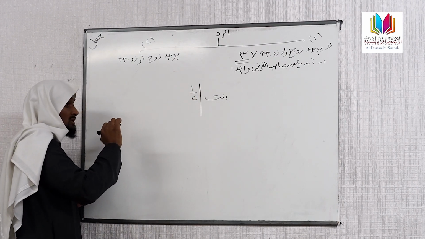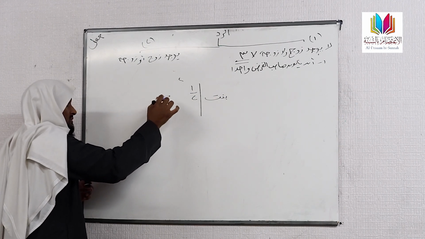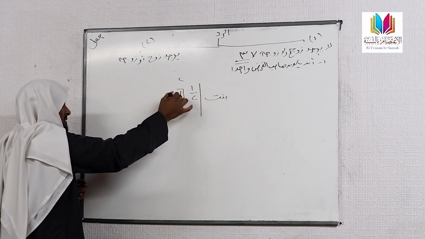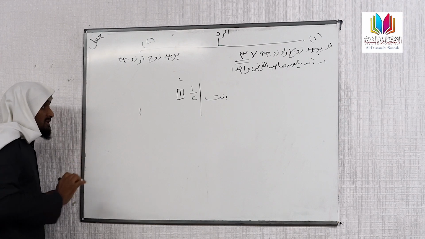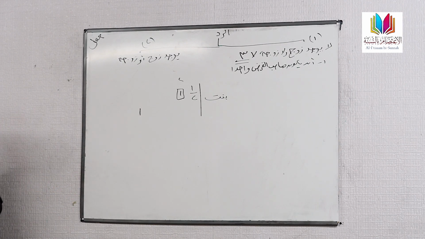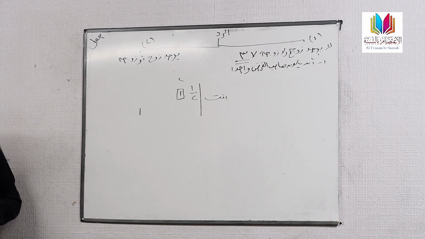Asl al-mas'ala is 2. What is half of 2? 1. What have we got left over? 1. We've got 1 left over. How many sahib al-fard do we have here? 1.